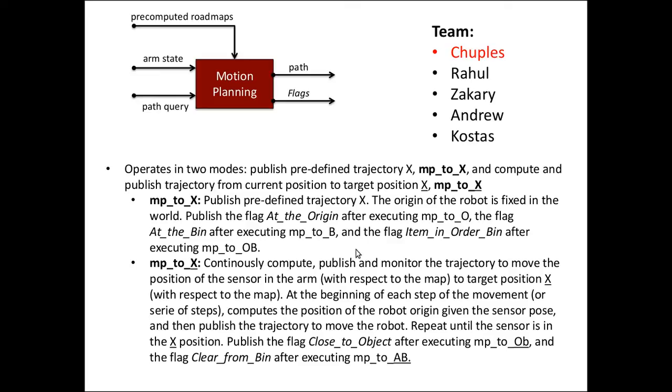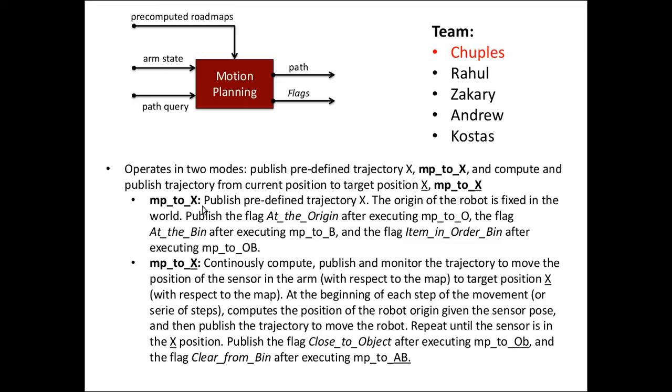And when the motion planner sends the command motion planner to beam, when the arm is at the beam, this model will publish at the beam. And when executing the command motion planner to order beam, this flag, item in the order beam, will be published by this model.